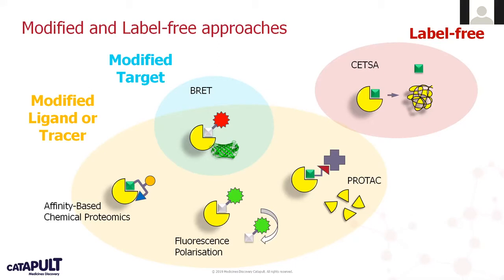However, I think these modified ligand approaches, especially the chemical proteomic affinity-based, photoaffinity-based approaches, really require detailed SAR understanding of your ligand and are difficult approaches to achieve in practice. So I'm going to focus on 2 approaches, the CETSA and the BRET approach, and give a little bit more methodological detail.